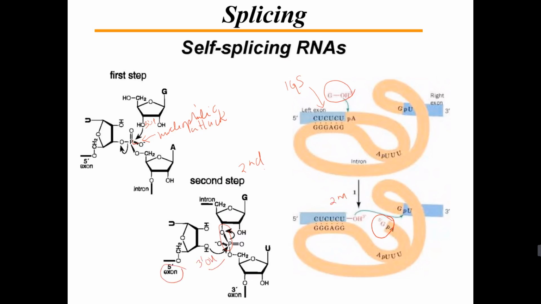So that we attack here, we break a phosphodiester bond, and then we create a new one when we join exon number 1 with exon number 2, and release the free lariat intron component.